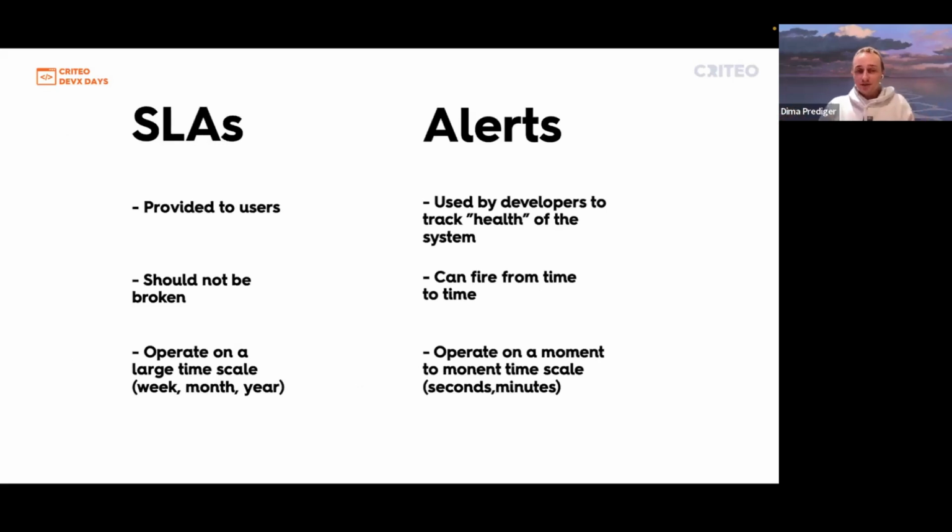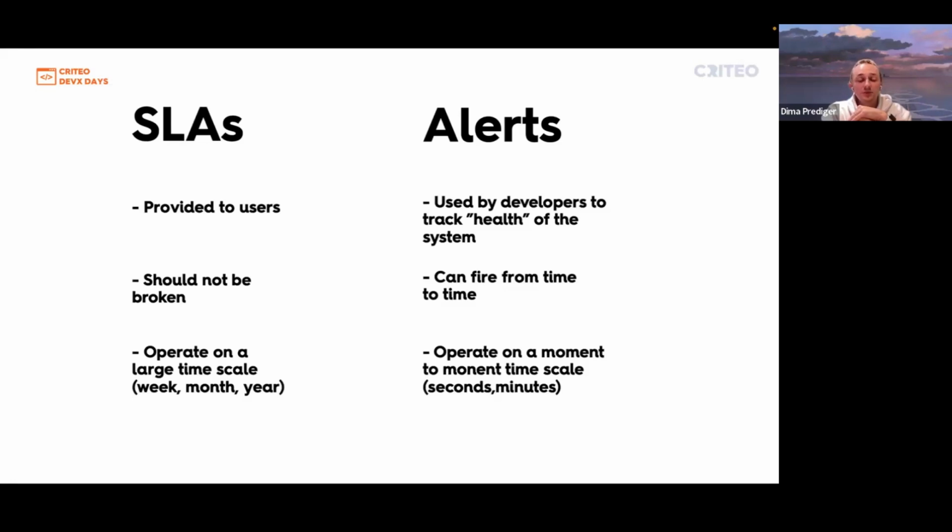Even from the definition, you can see that these two things, even though they are linked together, are not the same. SLAs and SLOs are for users of your system. They should not be broken. You should make sure of that. And they usually operate on a large time scale: weeks, months, years.